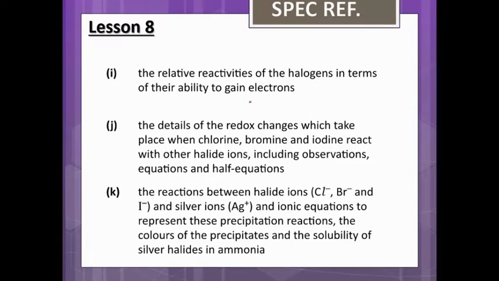The relative reactivities of the halogens in terms of their ability to gain electrons. Done. The details of the redox changes which take place when chlorine, bromine and iodine react with the other halides, including observations and half equations, done through ES1.2. The reaction between the halides and silver ions in their precipitation reactions, and the colours that the precipitates go, and the solubility of the silver halides in ammonia, done again through ES1.2.